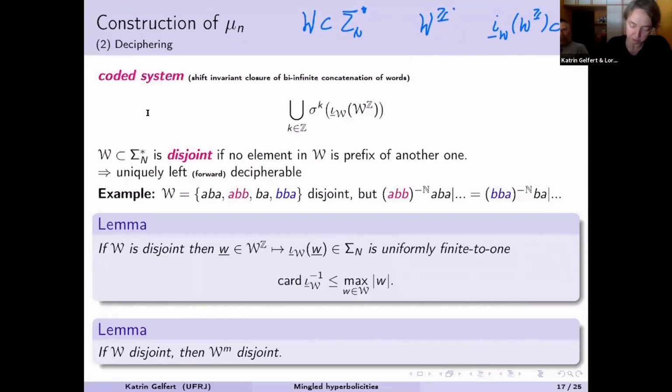And I would like to make this distinction. So if I take this inserted set and just take the shift invariant closure of this set, this is called a coded system.